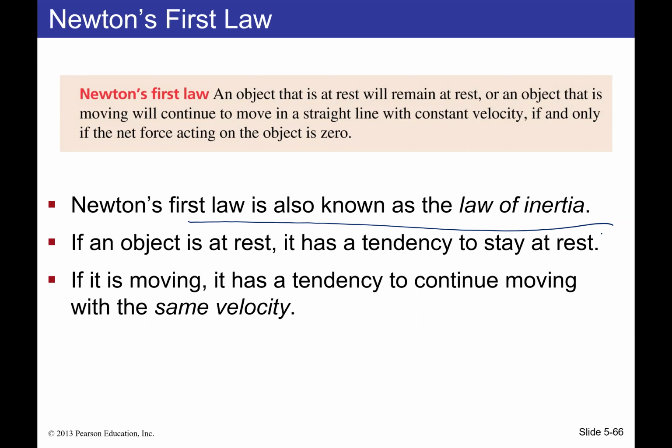So if you hit the brake and you don't have a seatbelt, your body is going to continue moving, and you're going to hit the steering wheel, or even worse, right? Your body wants to continue moving because if it's moving, it has a tendency to continue moving with the same velocity. Your car is slowing down, but your body doesn't have a brake, so that's why you need a seatbelt to slow down your body as well.